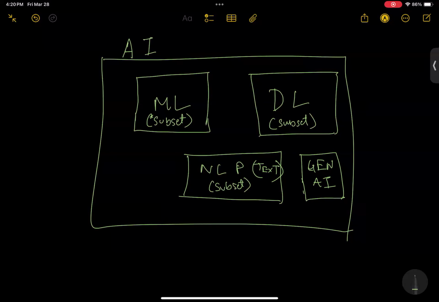It will be able to give you that, but it is not going to write you a story about it. So that's the main difference between generative AI and all the other branches of AI, if you will, right?